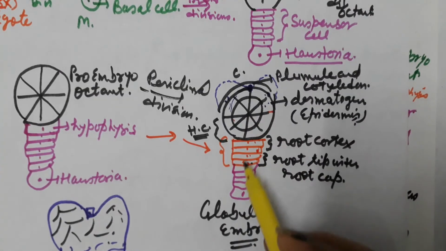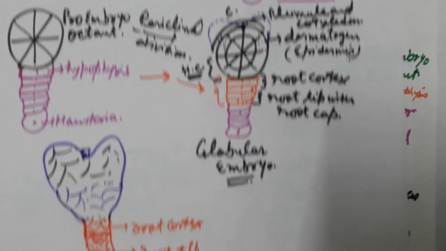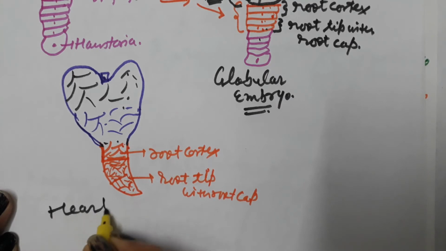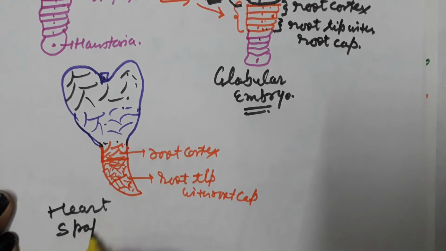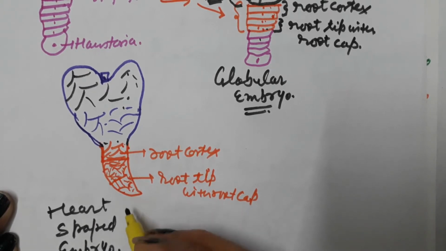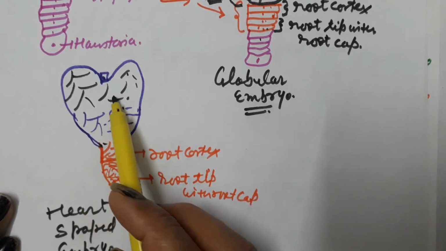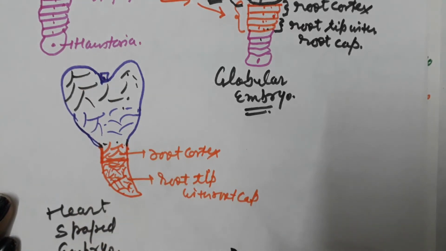So the globular embryo changes into a heart-shaped embryo. Below this, the suspensor is present. The suspensor is very small in size. The function of the suspensor we already discussed: it pushes the developing embryo towards the endosperm.